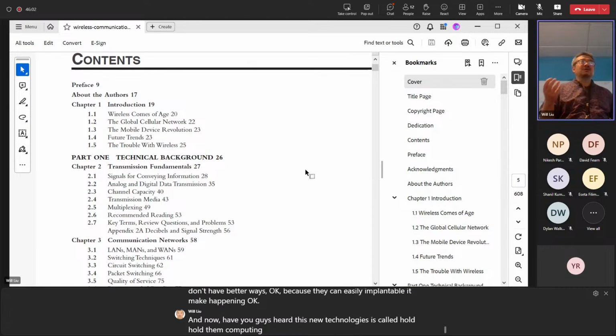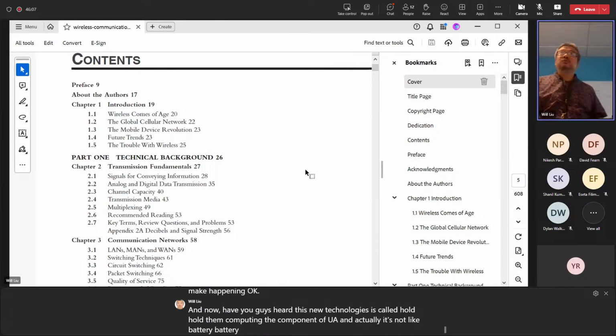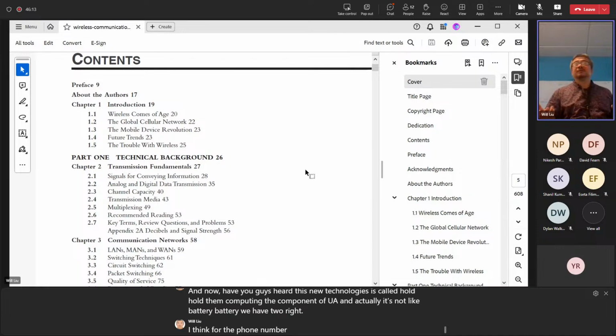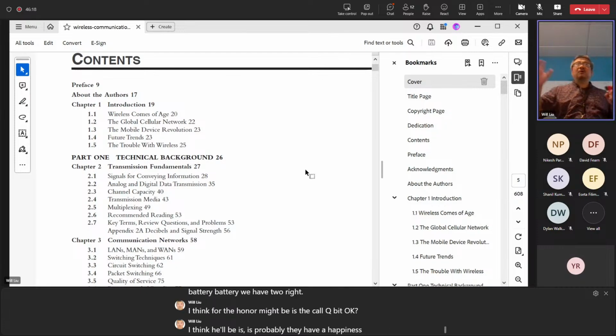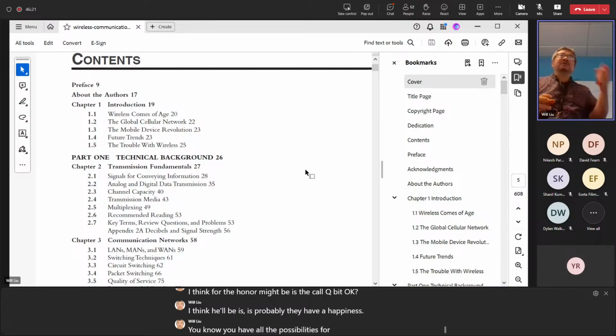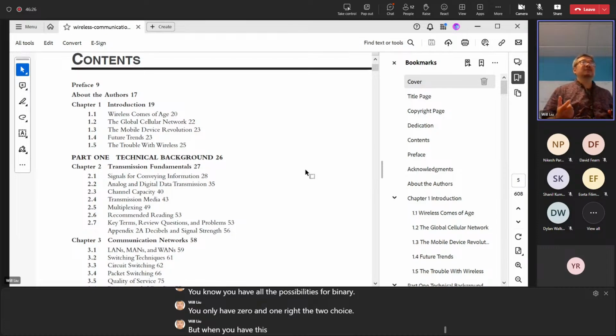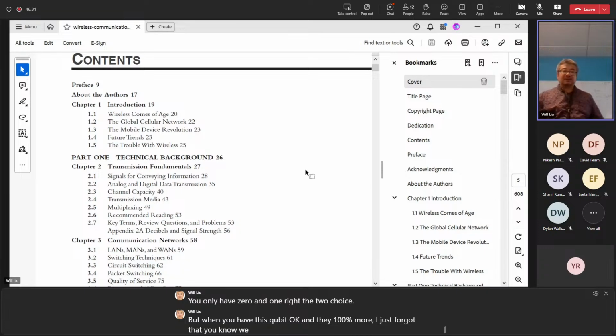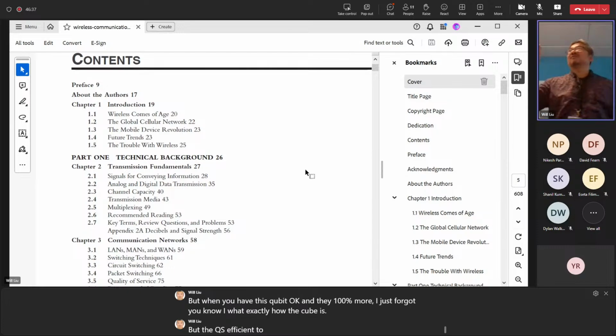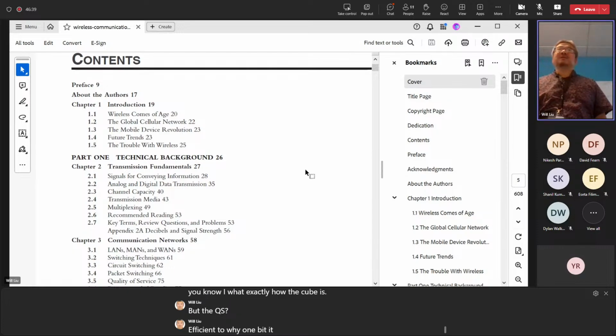It's not like binary, where we have 2 choices, 0 and 1. I think quantum uses qubits, and I forgot exactly how many, but qubits are efficient, so when you send 1 bit, it can represent more.